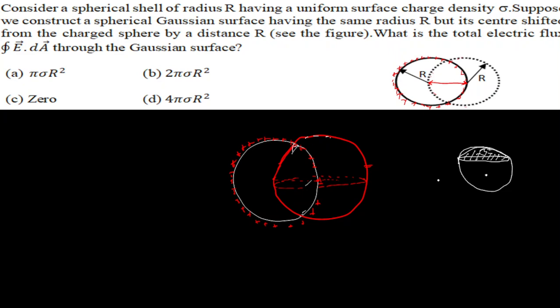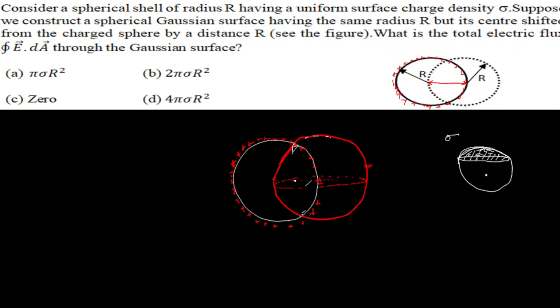Once we know the area, we can simply multiply it with sigma, and that will be the enclosed charge on the spherical cap portion, which is exactly within this Gaussian surface. Then the flux will be the charge enclosed by the surface divided by epsilon naught. For that we have to calculate the area of this spherical portion.